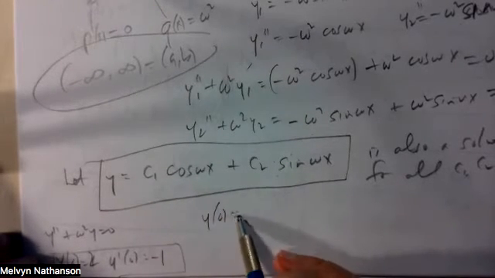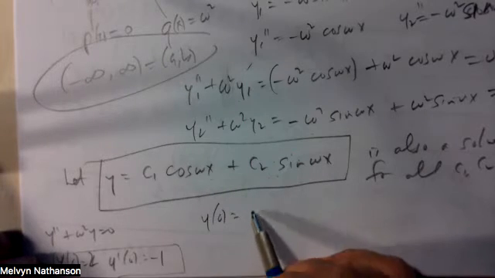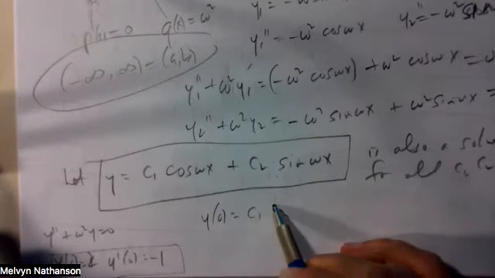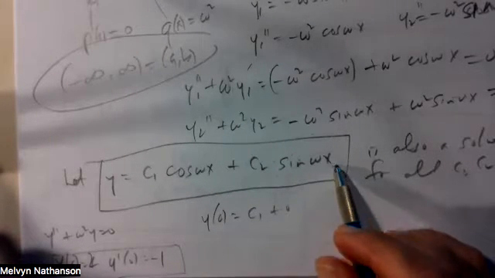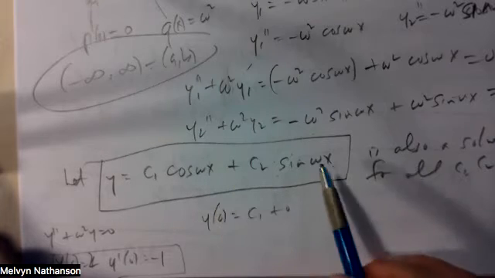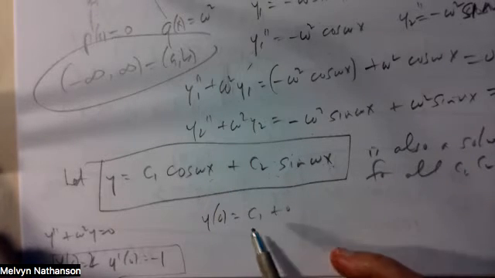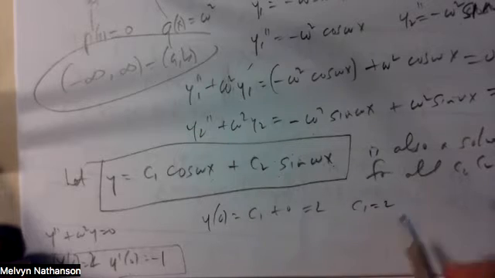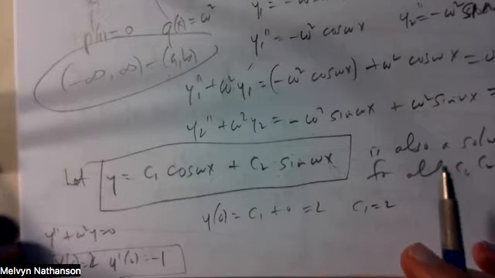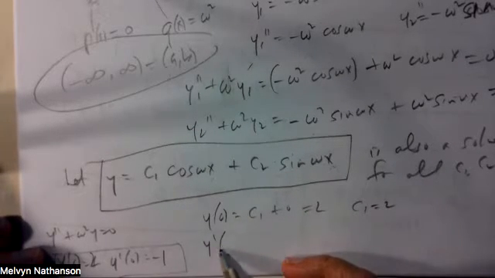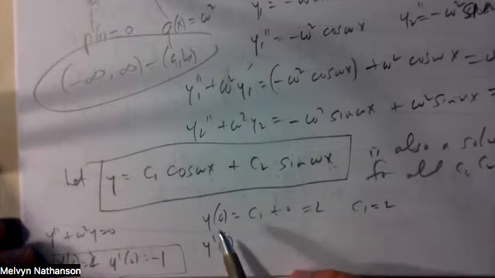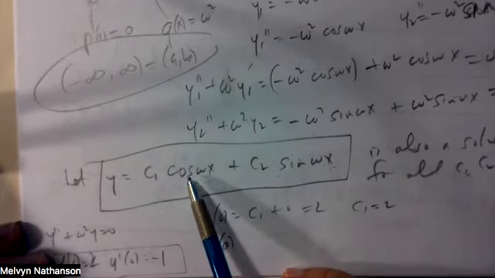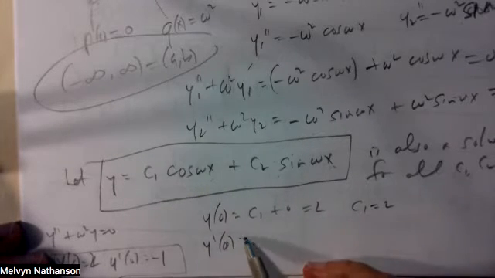So y of 0, if you plug in x equals 0, you get C1 plus 0, because cosine of 0 is 1, sine of 0 is 0. So C1 plus 0 has to equal 2. So C1 equals 2. That's easy. And what is y prime of 0? When you differentiate the cosine, you get the sine. Sine of 0 is 0.